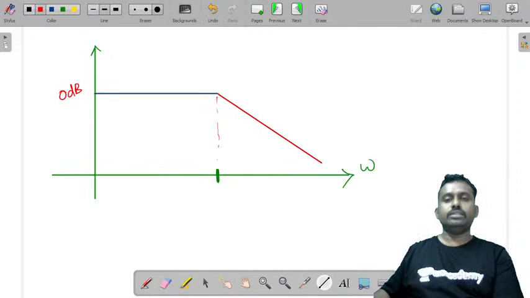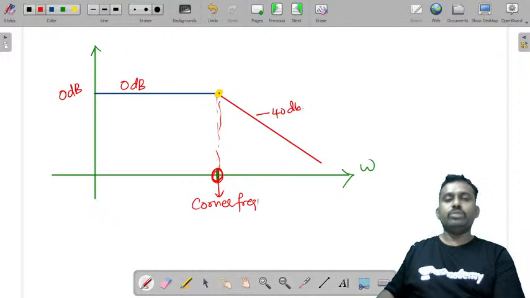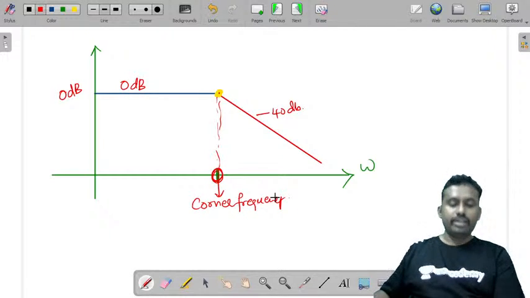This is a 0 dB line, and this is a minus 40 dB line. The frequency at which this change of slope happens is called the corner frequency.